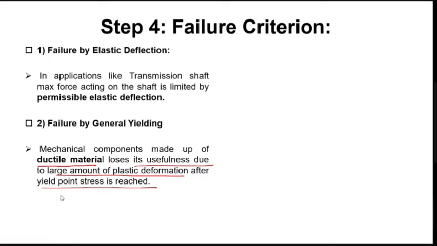You have already studied the stress-strain curve for ductile and brittle materials, right? So you know there is a point called the yield point. Once that yield point stress is reached, this ductile material loses its usefulness because of the large plastic deformation. So for components made up of a ductile material, the failure criterion is general yielding. I have to understand this.